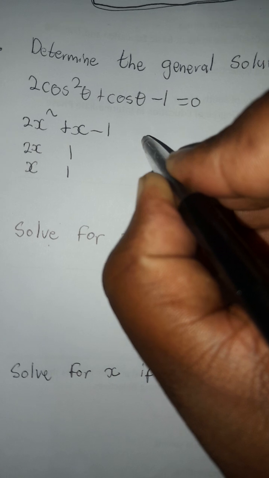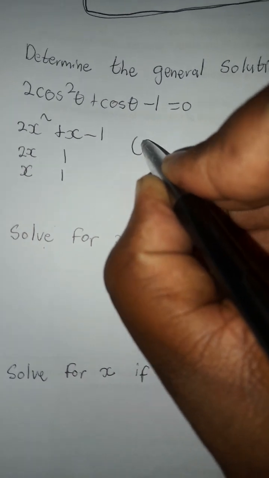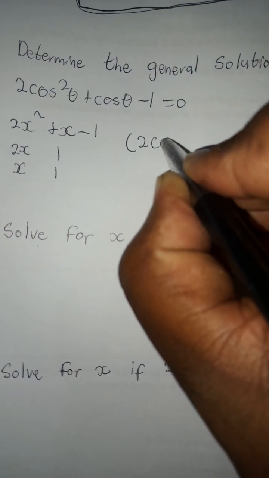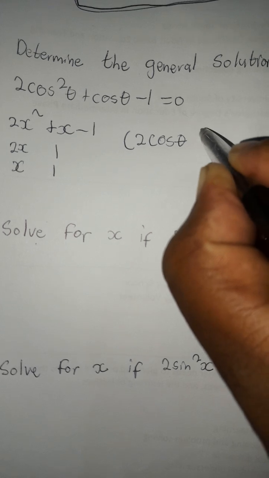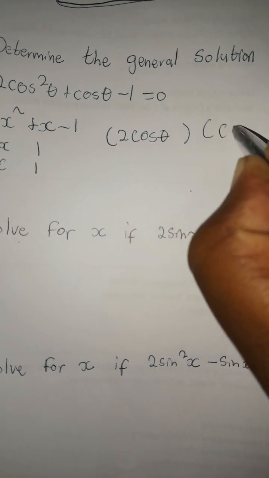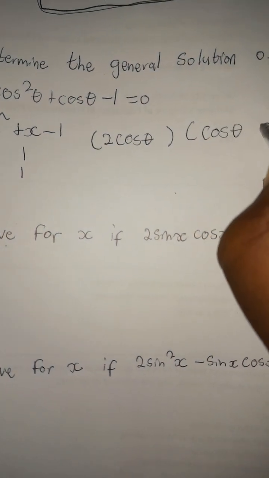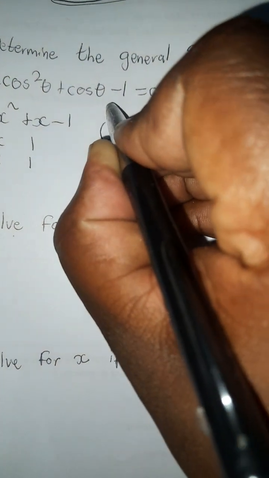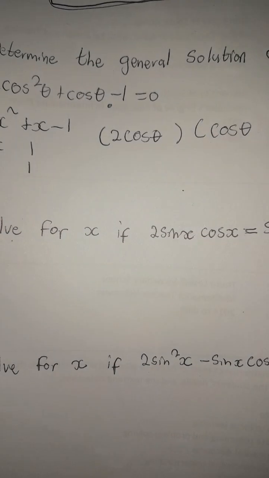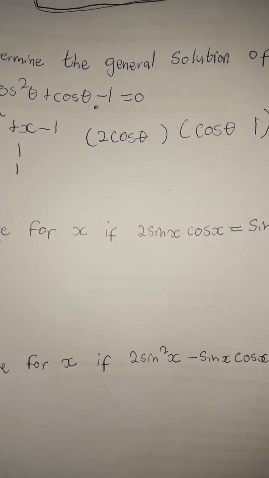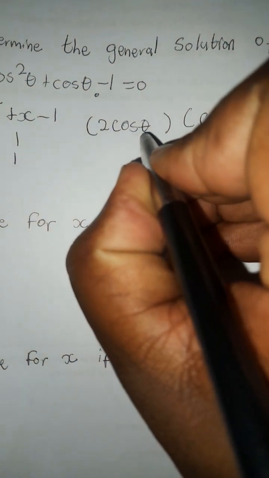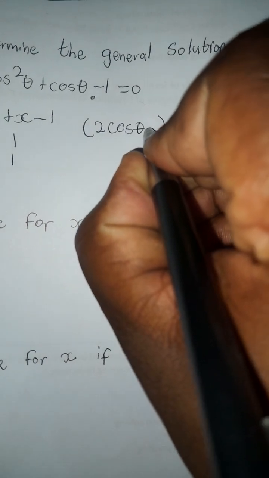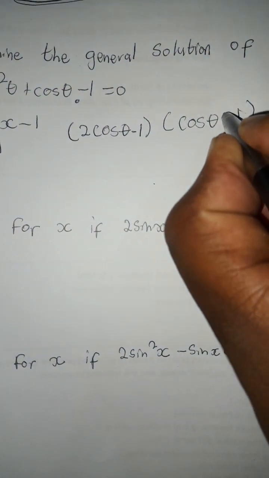Similarly, if you take this, you will look for the factors of 2 cos squared theta, which are 2 cos theta and cos theta, and 1 here, which is equated to 0. Because we have a negative at the last term, that means we are going to have different signs, meaning we are going to have a negative 1 here and a positive sign here.